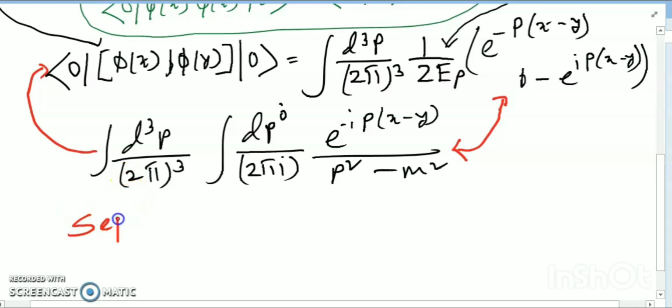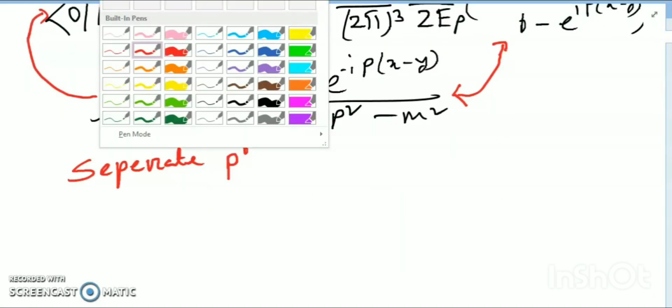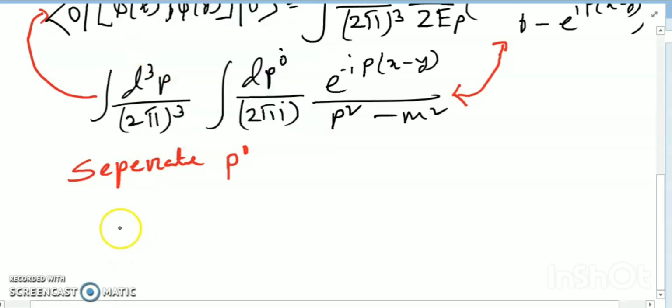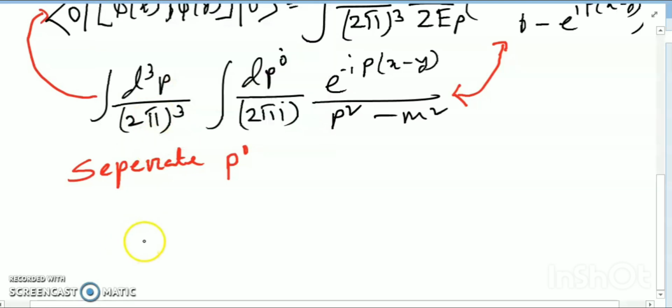Separate p0, you have to remember, separate p0 in the exponential. So how can I write? Now I just change the color. Color changing is very helpful for understanding more.